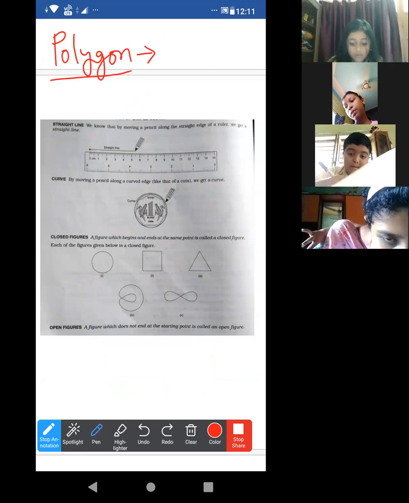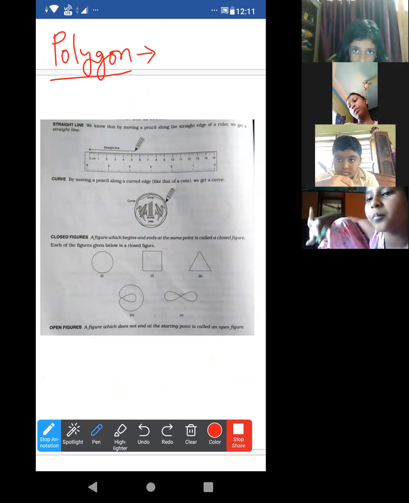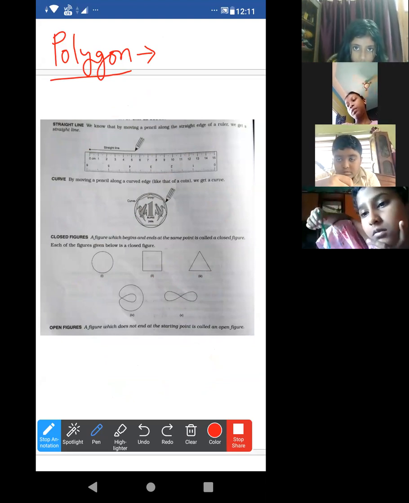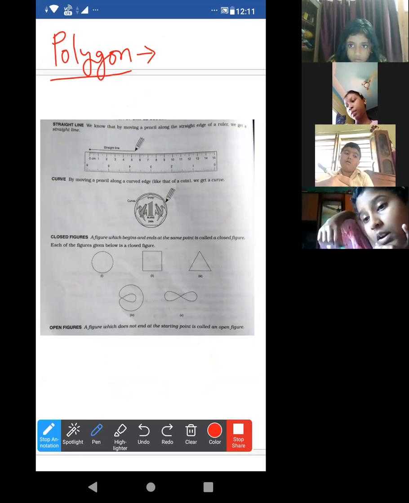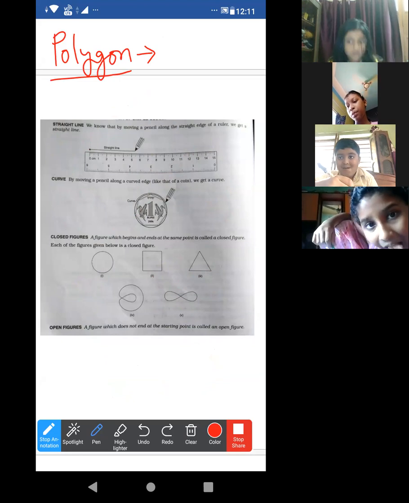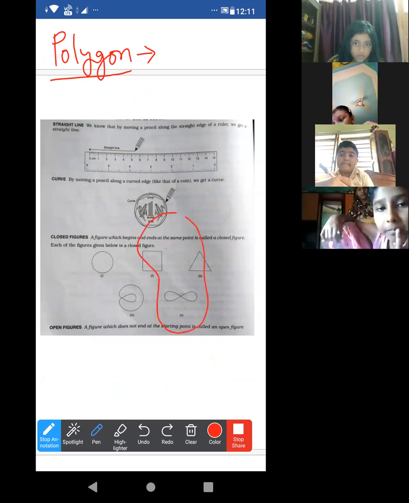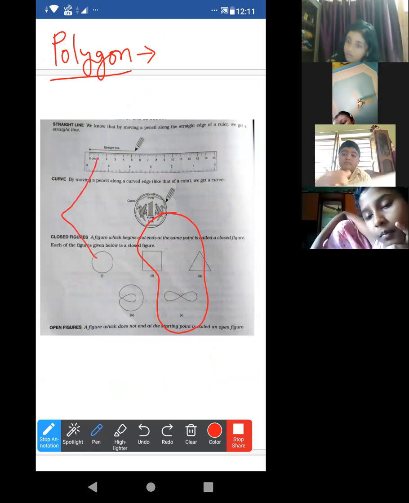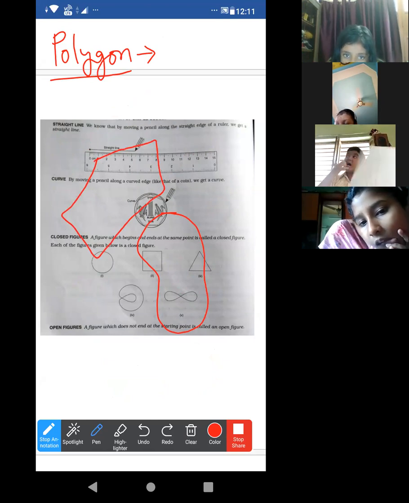Write the definition. A polygon is actually a simple closed curve, but basically it will be made up of straight lines only. Just like I am making a simple closed curve like this, and I am making a simple closed curve in this way. Which one will be the polygon?